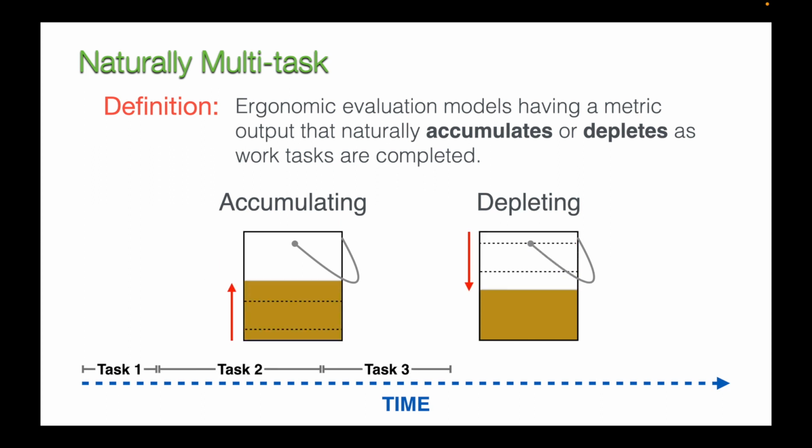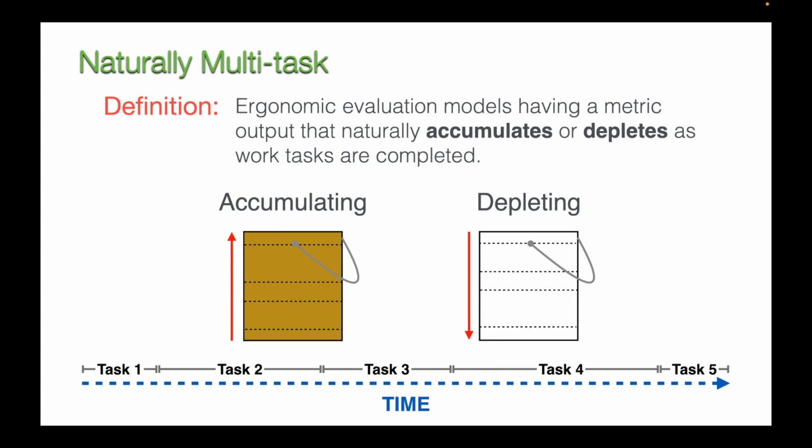As tasks are performed, one bucket accumulates and the other is depleted. Among the current multitask models, fatigue failure is accumulating: tissue damage accumulates as work is performed over time. An example of a model using depleting metrics would be the recommended cumulative recovery allowance, because your in-cycle recovery is depleted as you apply forces. That opportunity for the muscle to recover, the time available within the cycle, is depleted, and that's something that can be quantified.